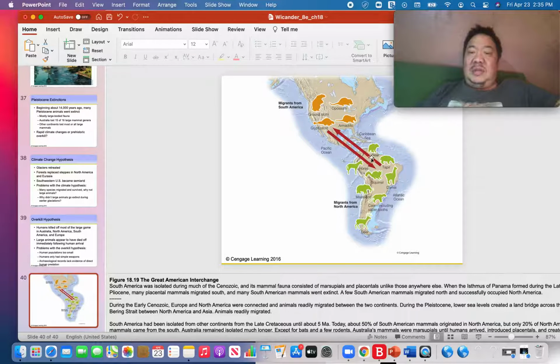And so the placentals replaced all of those ancient marsupials that used to exist in South America. The invasion from the south did not succeed in the north because the marsupials were at a disadvantage, with the exception of the opossum, which had to have some advantage because it's the only marsupial that survived in the migration north from South America to North America.